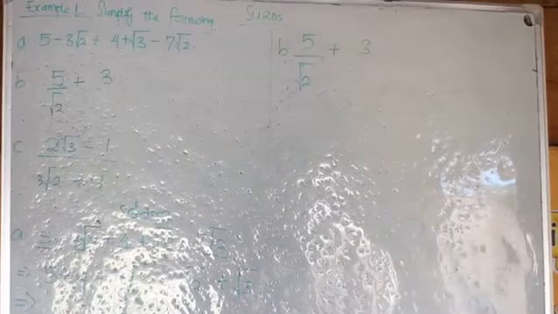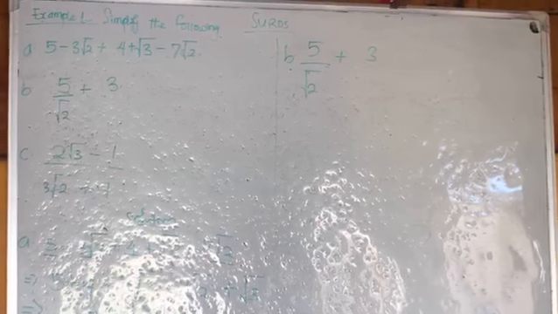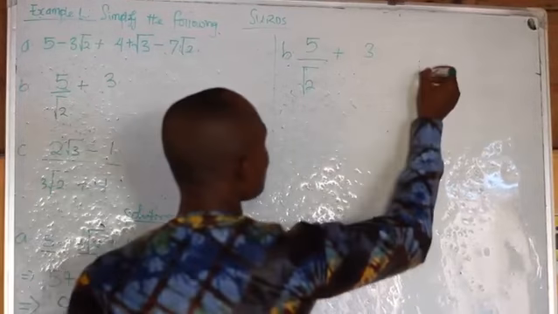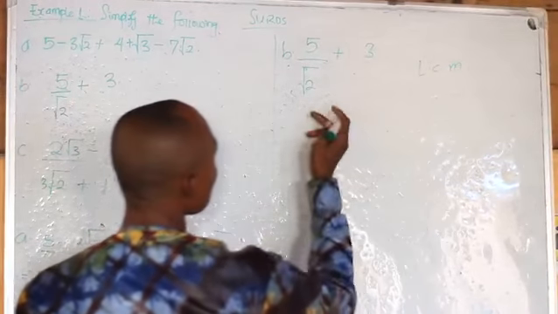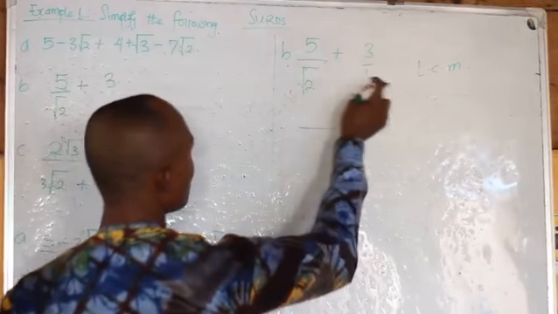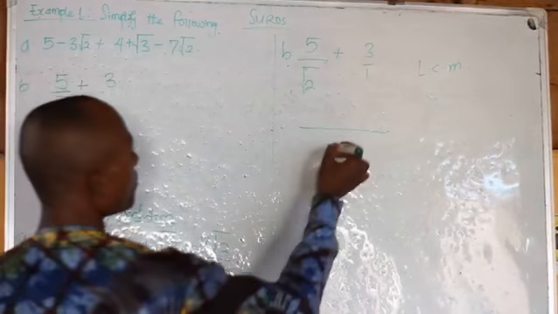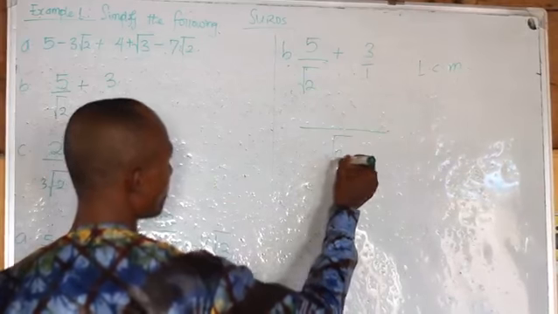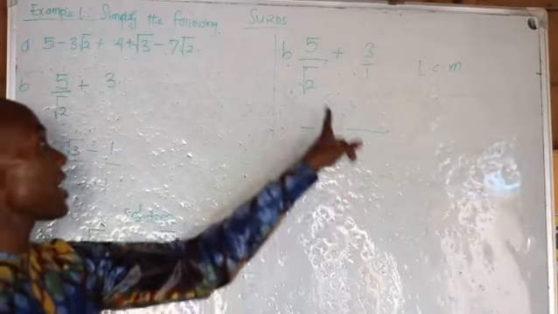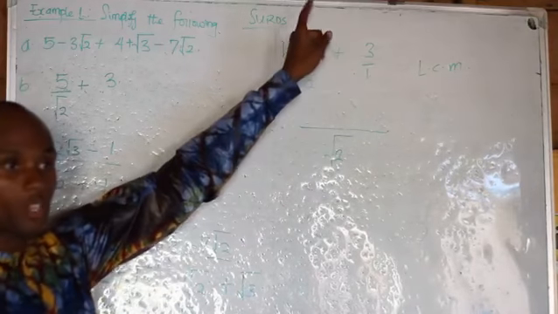What can we do? Is there anything we can do? Yes. What's the first thing? Find the LCM. Alright, let's look for the LCM. This is over 1, right? The LCM of these two numbers is root 2. So we put root 2 here. Now, the rule: the LCM divided by denominator times numerator will give us the answer, right?